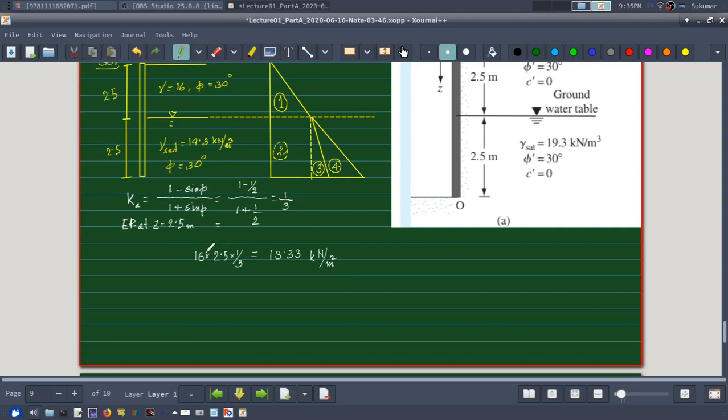Next, this length is my 13.33, and this will remain constant. Now how much is this?